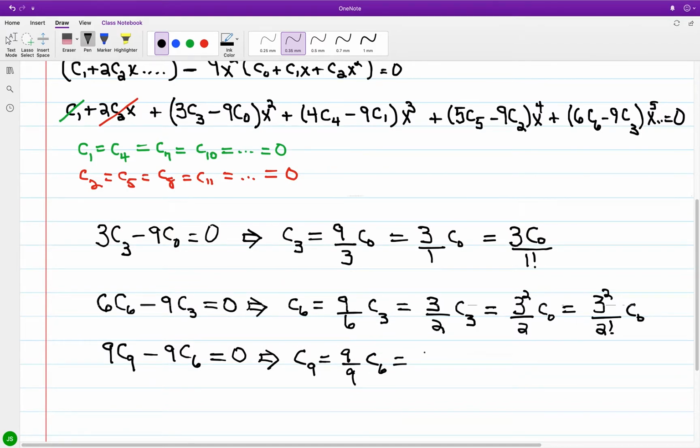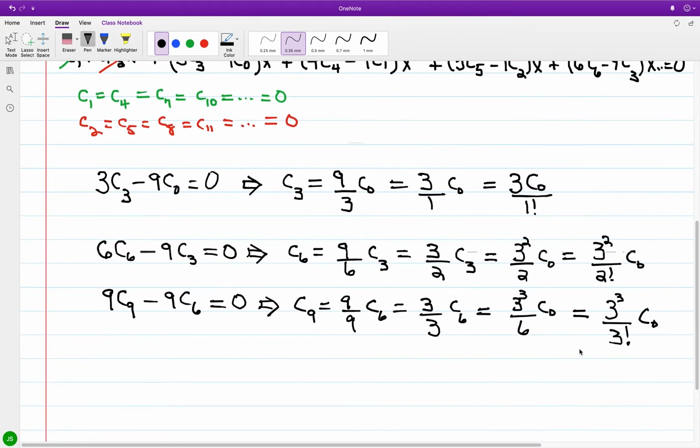And if I just put this in terms of 3, so we have 3/3 of c of 6. So I'm going to have 3 cubed c naught over 6, and there's going to be a flowing pattern. So you have 3 cubed over 3 factorial c naught.